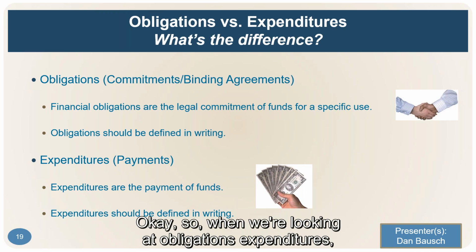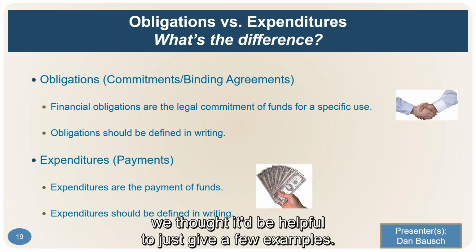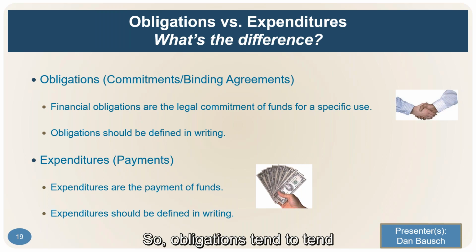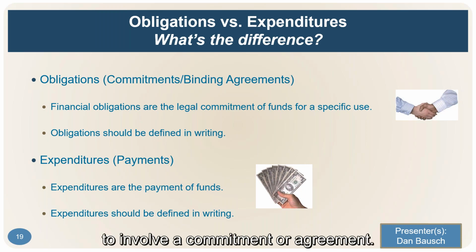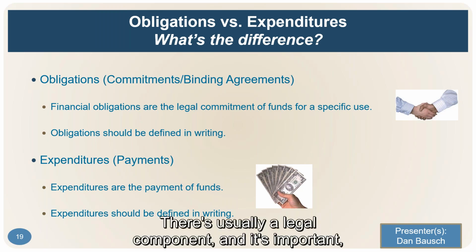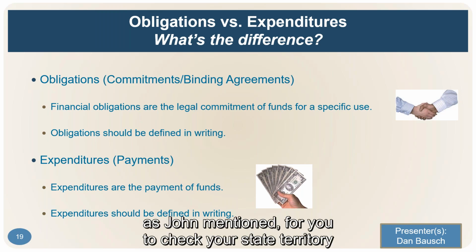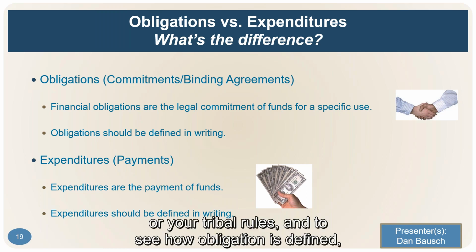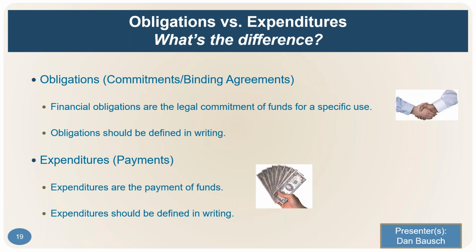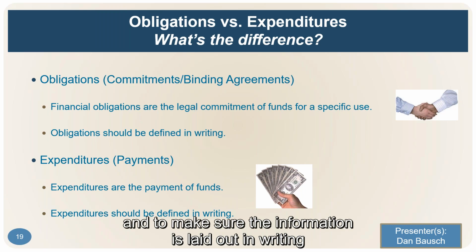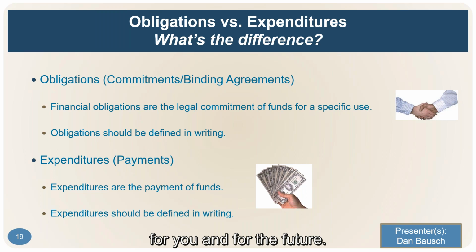Okay, so when we're looking at obligations and expenditures, we thought it'd be helpful to just give a few examples. Obligations tend to involve a commitment or agreement. There's usually a legal component, and it's important, as John mentioned, for you to check your state, territory, or tribal rules to see how obligation is defined, and to make sure the information is laid out in writing for you and for the future.